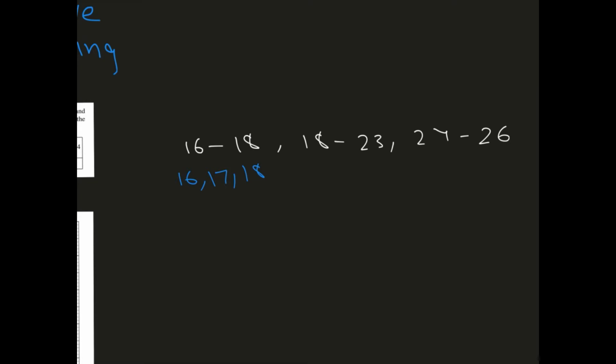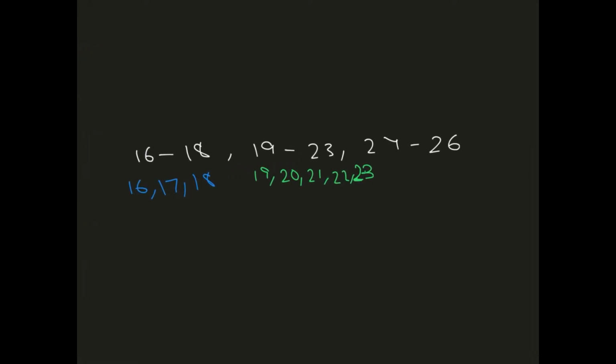Between 19 and 23 inclusive, we have 19, 20, 21, 22, and 23. And between 24 to 26, both inclusive, we have 24, 25, and 26.